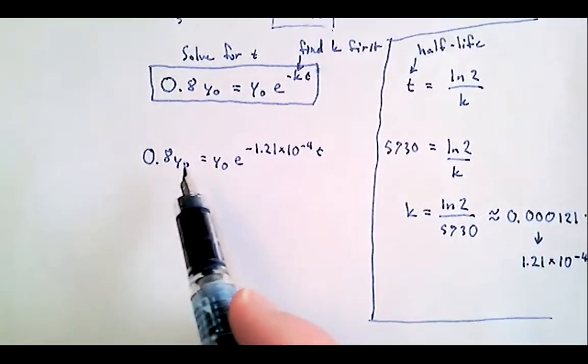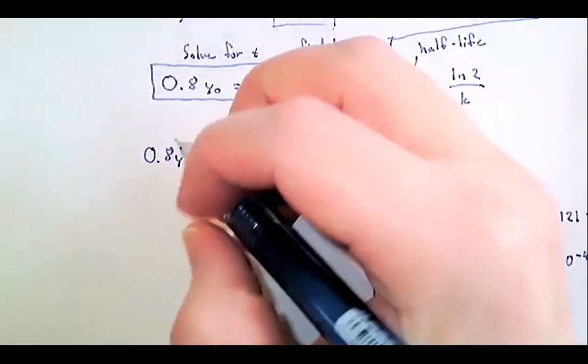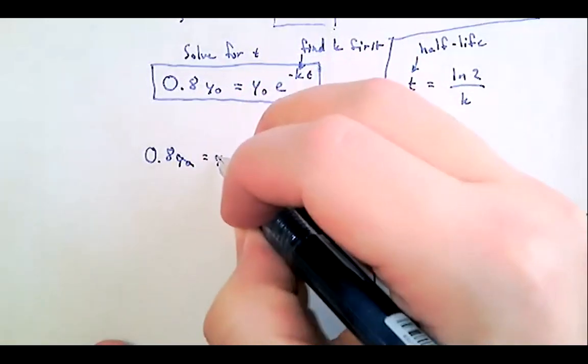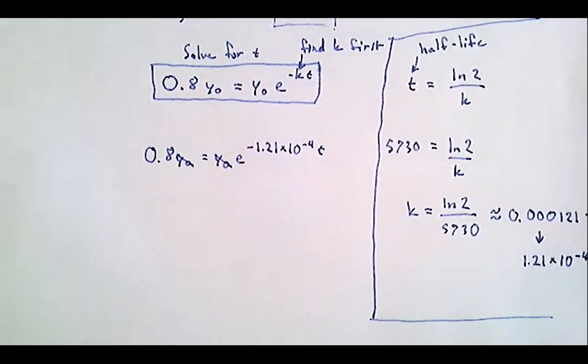Okay, so now we have to solve. And like I said, the initial value y0 doesn't really play a role here because it just cancels off.